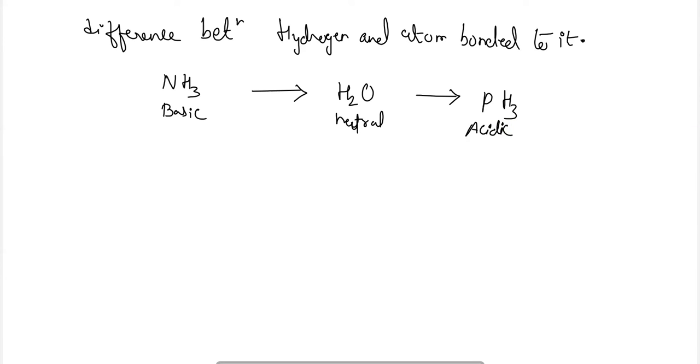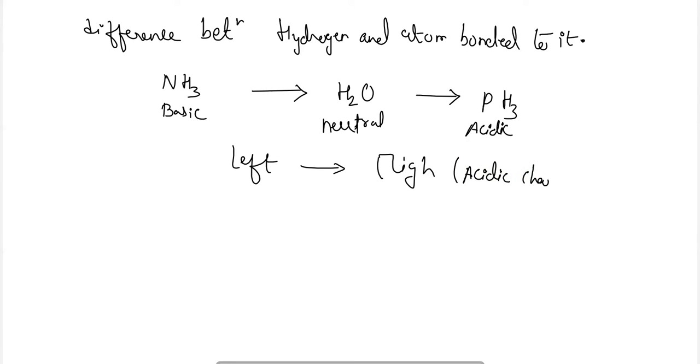So the acidic character will increase as we move from left to right in the p-block elements which are forming the hydrides. These are some of the properties which depend on the electronegativity difference between the hydrogen and the element it is bonded to.